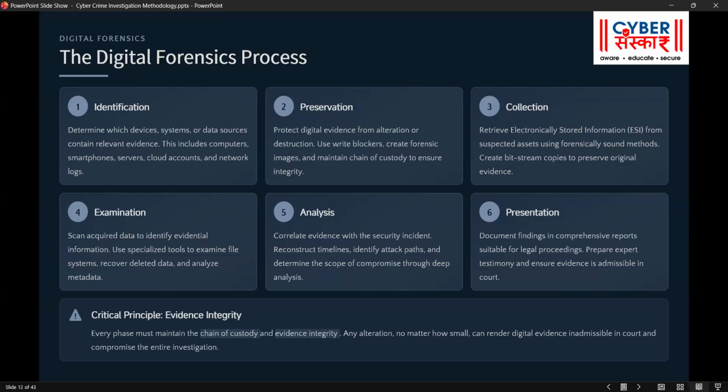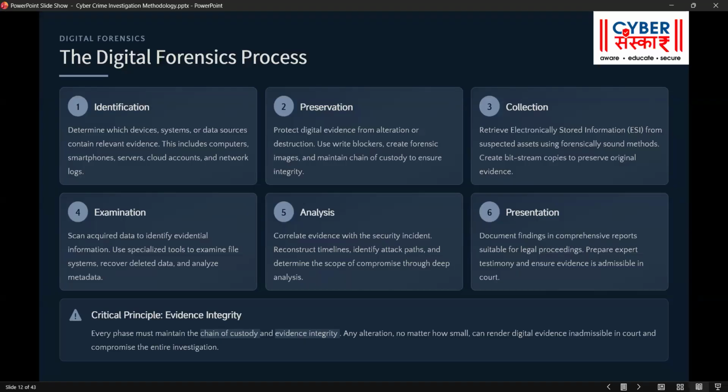The analysis includes correlating the evidence with the security incident. This is the first step of analysis: whatever cyber crime has happened, we have to correlate the evidence. If it is not relevant, then it is to be omitted. But if it is of importance, then it is collected and preserved.